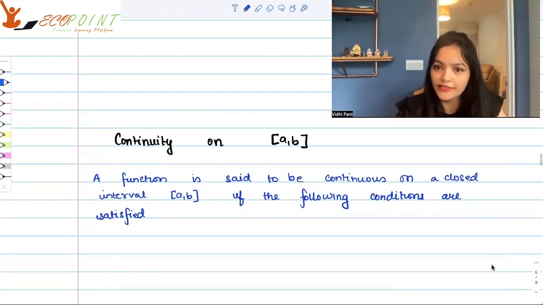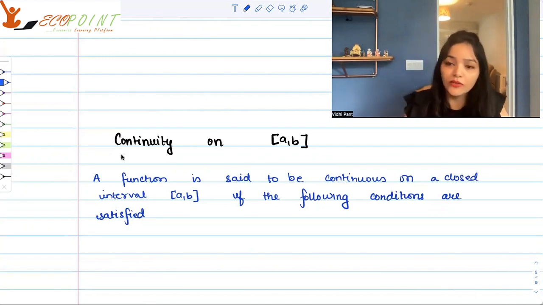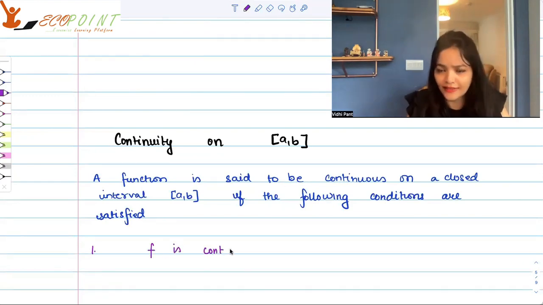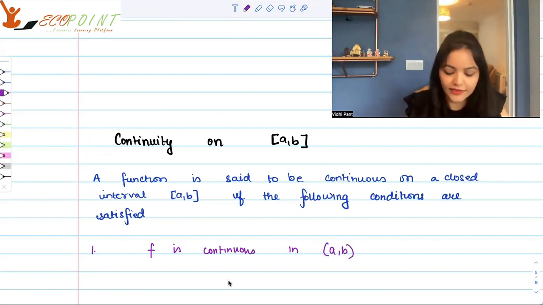A function is said to be continuous on a closed interval [a, b] if the following three conditions hold. Number one, f is continuous at all the points in between a and b. That means it is continuous on the open interval (a, b).